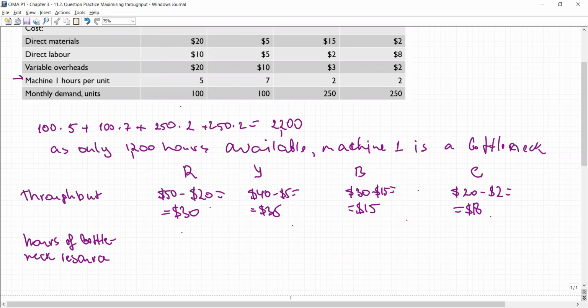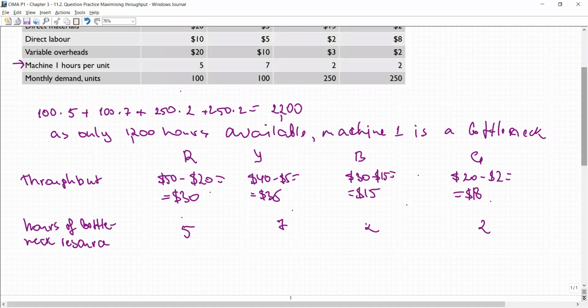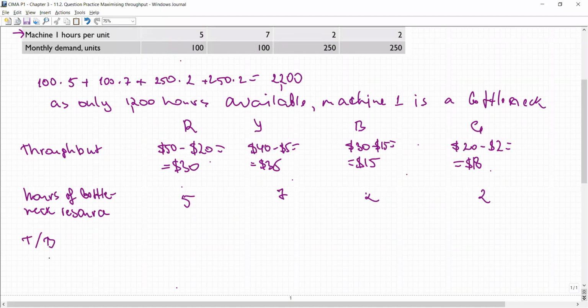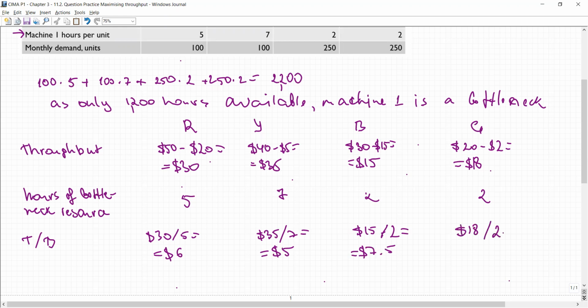In our table, we are given that 5 hours are needed for product red, 7 for yellow, 2 for blue, and 2 for green. So throughput per bottleneck is going to equal 30 divided by 5 equals 6 for red, 35 divided by 7 equals 5 for yellow, 15 divided by 2 gives us 7.5, and 18 divided by 2 equals 9.